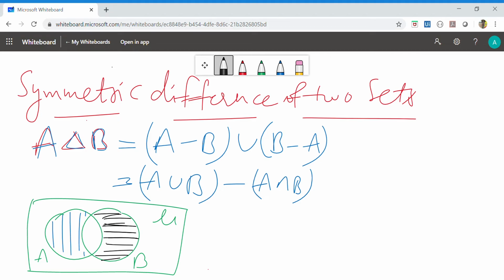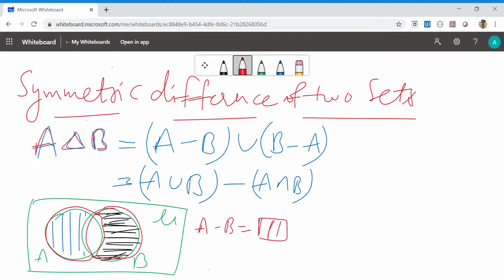Then this is the symmetric difference, the outline region like this. So you write A minus B as vertical lines and B minus A as horizontal lines. This is called the representative region.